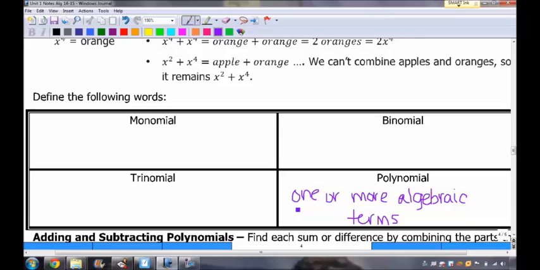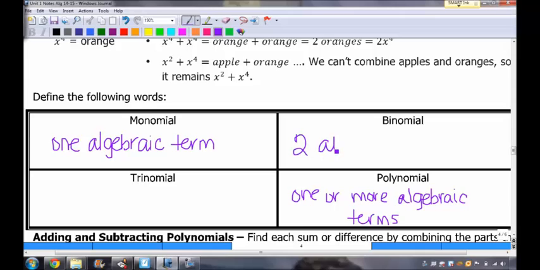Monomial means one algebraic term. Hopefully you understand then that binomial means two algebraic terms. And then a trinomial is just three algebraic terms.